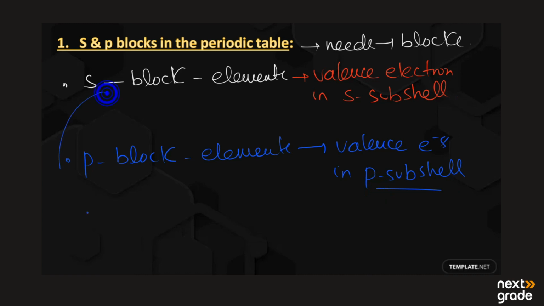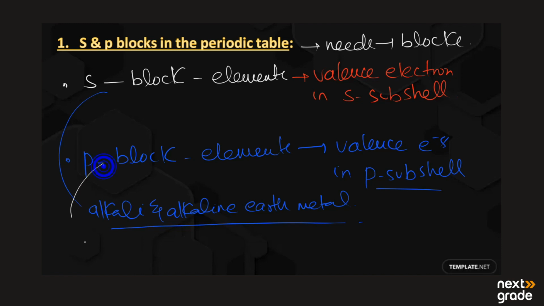The S block contains alkali and alkaline earth metals, while the P block has elements from group 3A to group 8A.